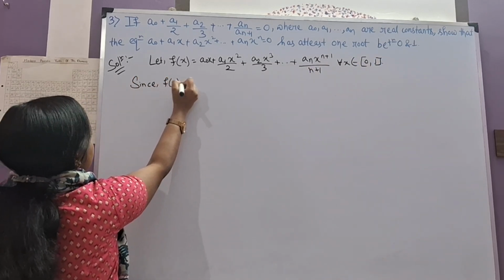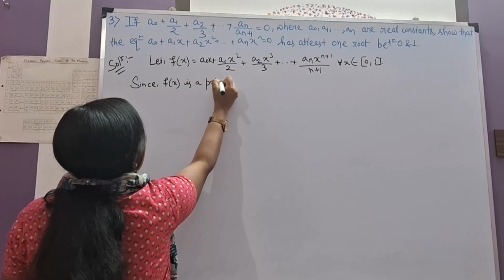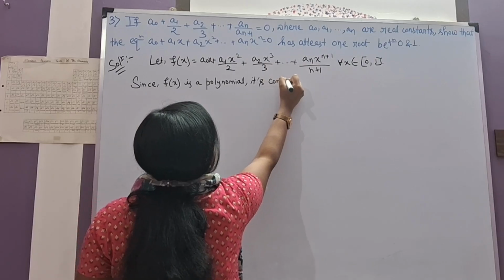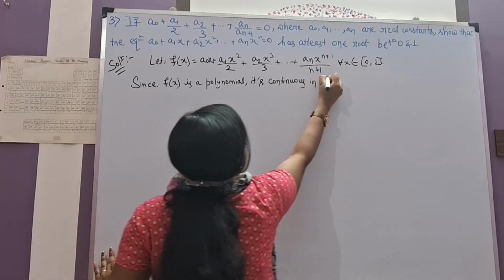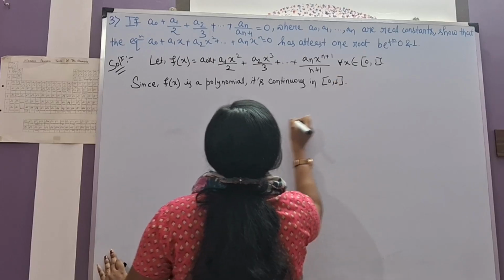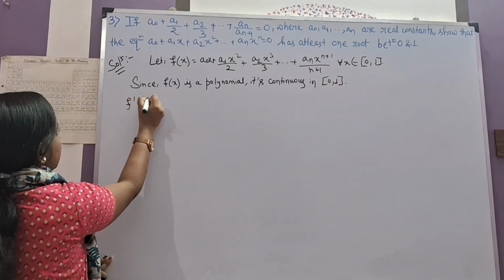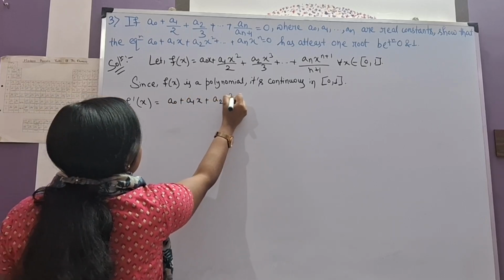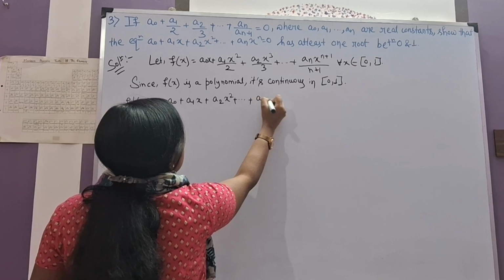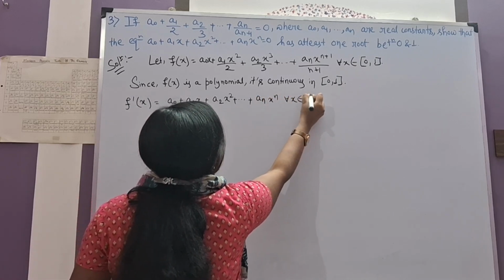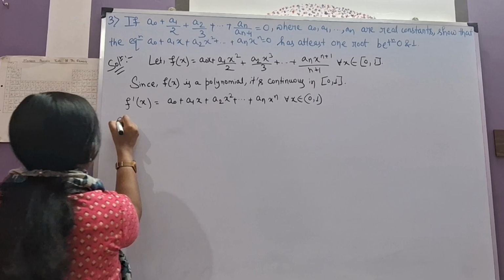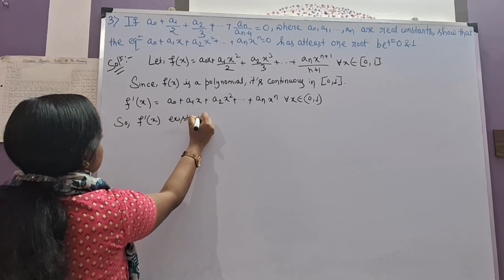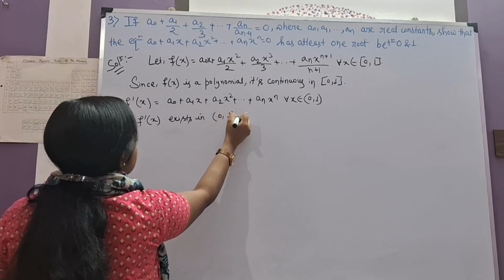Now since f of x is a polynomial, it is continuous in closed interval 0, 1. Again, f dash of x equal to a0 plus a1 x plus a2 x squared plus ... plus an x to the power n for all x belonging to 0, 1. So f dash x exists in open interval 0, 1.